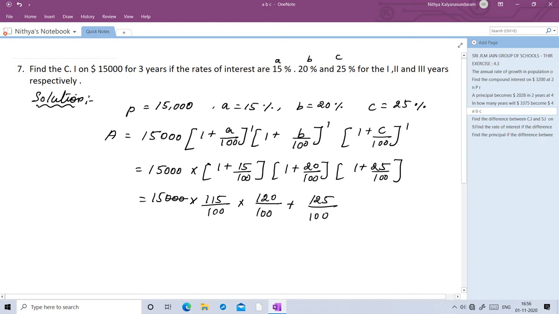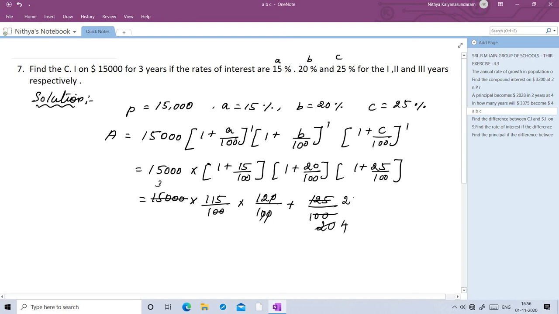So 3 zeros, 2 zeros and 1 zero we can cancel. Again 1 zero and 1 zero we can cancel. Then 5 table: 2 fives are 10, here 3 fives are 15. Again 5 table: 4 fives are 20, here 2 fives are 10.